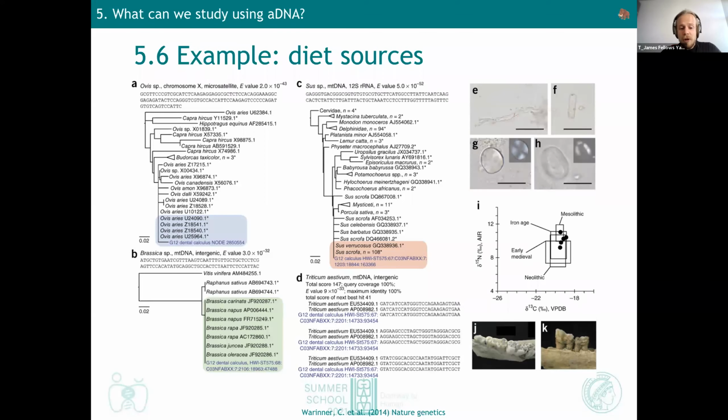And in one of the first ancient microbiome papers, on studying ancient dental calculus of medieval women from Germany, by Tina Warner, so you'll be hearing her on Friday, I think, in the keynote, in addition to studying different microbiota, they also found DNA sequences from different eukaryotic species, and these are basically what we eat.